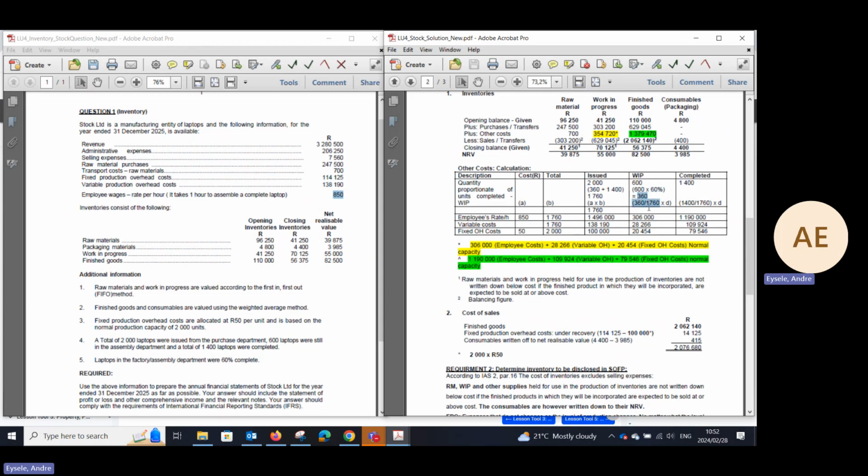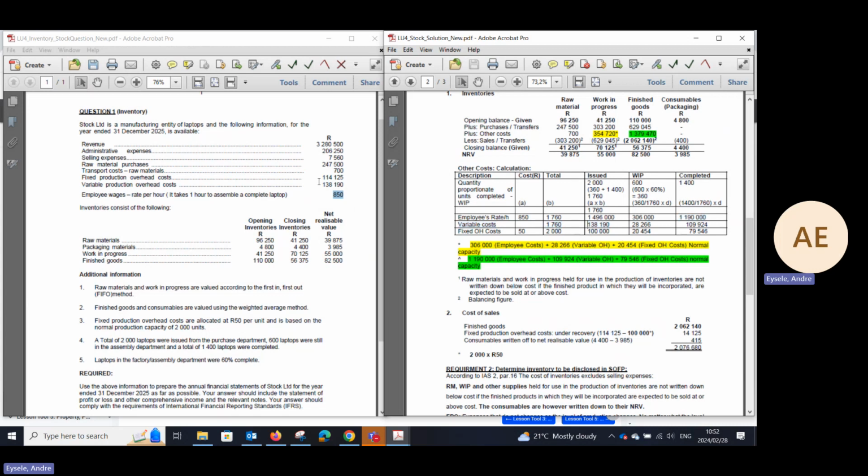So we apportion the employee costs on 1,760. A part of that is for work in progress, and the other part is for the 1,400 completed. Can you see we need to split the portion between work in progress as well as the finished goods items? And that, colleagues, is 1,190 for completed and 306 for the other section.